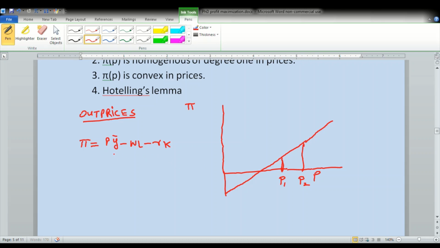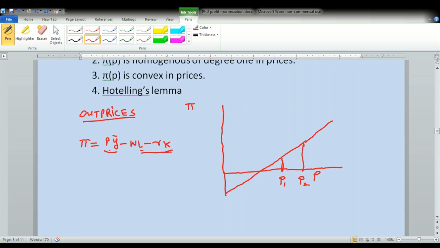So even when you are not changing the output, when price increases, total revenue will increase because you are not changing your output level. So this means that you are still employing the same amount of labor and same amount of capital. So your costs are not changing.